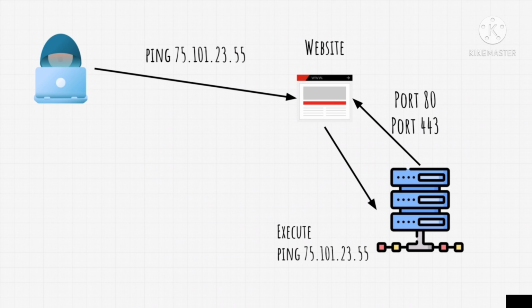How would it do that? Well, it would most likely run the ping command on its system. So if the website is hosted on a machine, the machine would run ping 75.101.23.55, or if it is hosted on a server, the server could execute that command. I believe by now you can already see where the problem can occur.